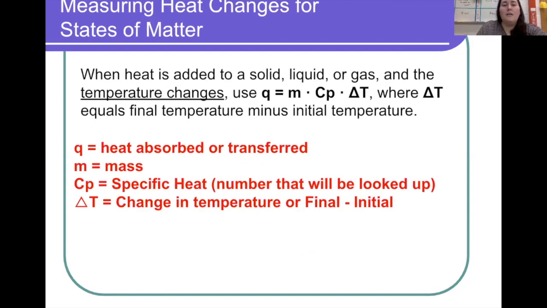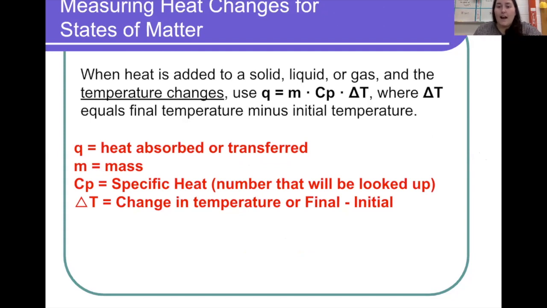When we are measuring the changes between states of matter, like I said before on that heating curve, we're going to use that equation: Q equals mass times specific heat times change in temperature. Remember that delta just means change in science. To find the change in temperature, you take final temperature minus initial.